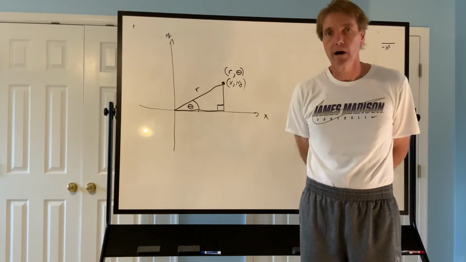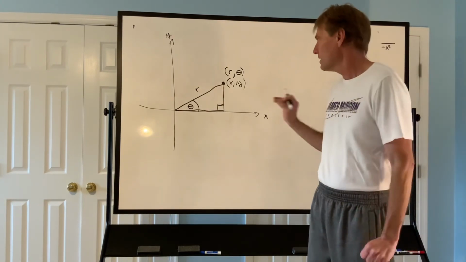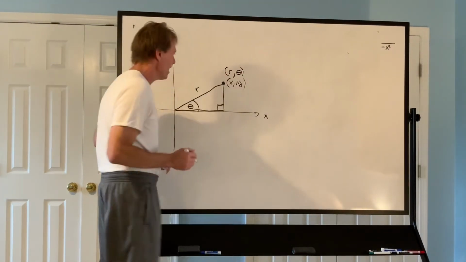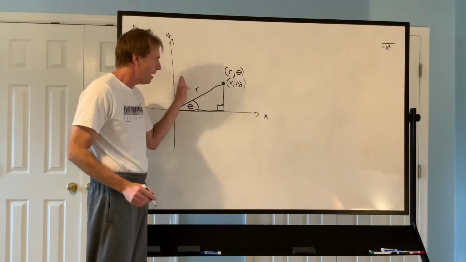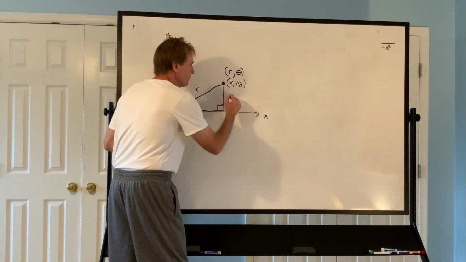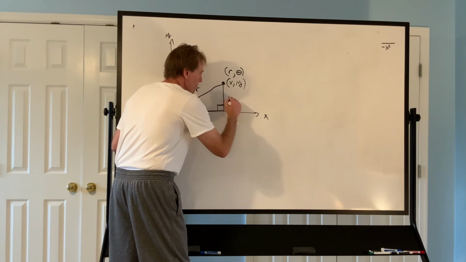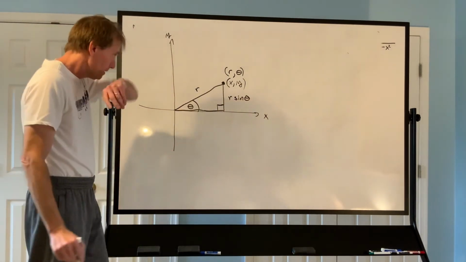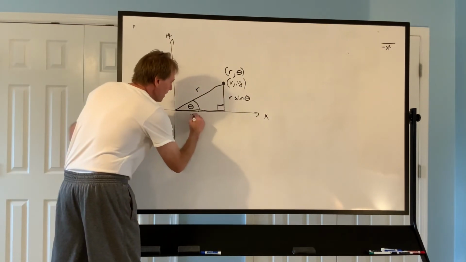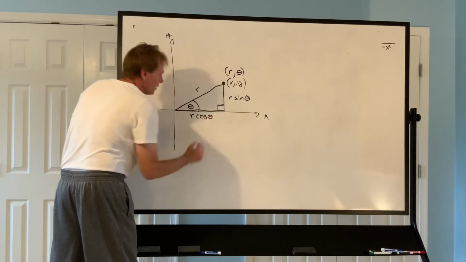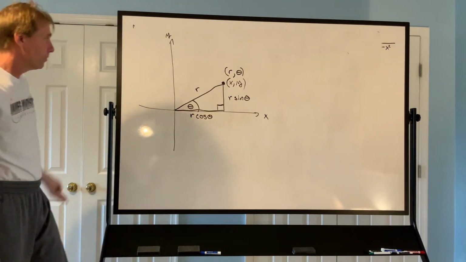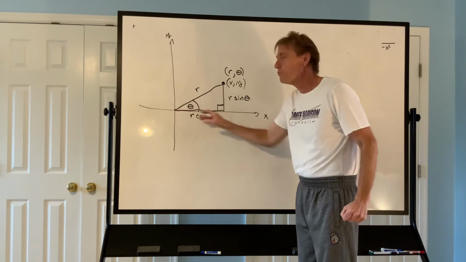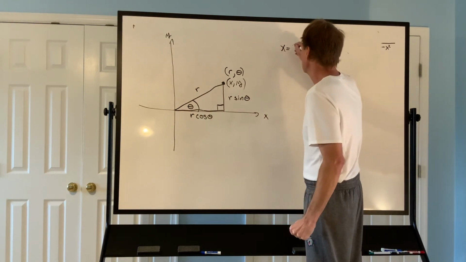We looked at this a little bit, but I didn't write it down specifically. The opposite side is the hypotenuse times the sine of the angle, so sine theta, and this side is cosine theta.